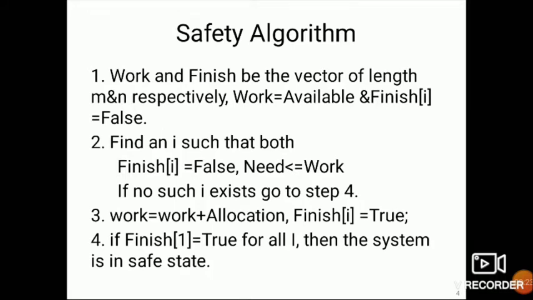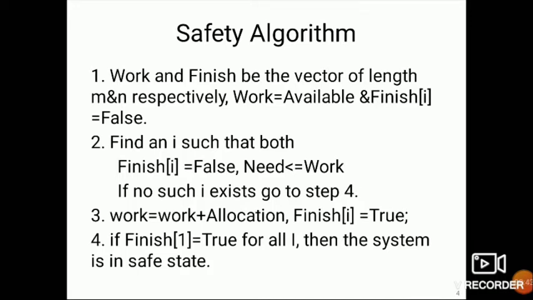To implement the banker's algorithm, a safety algorithm is used, which has 4 steps. First step: work and finish are vectors of length m and n respectively. Work equals available and finish equals false.